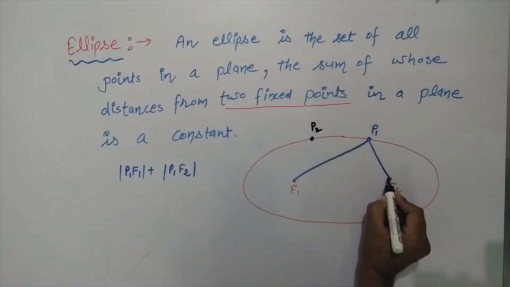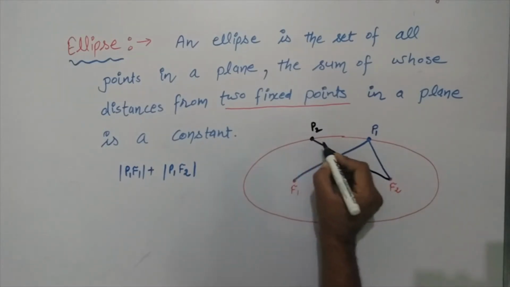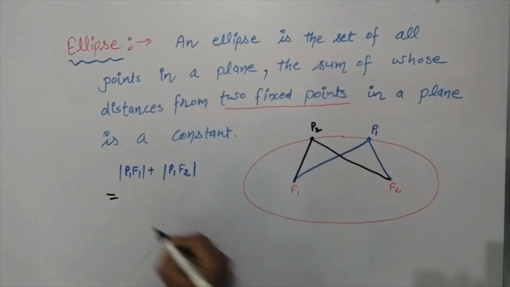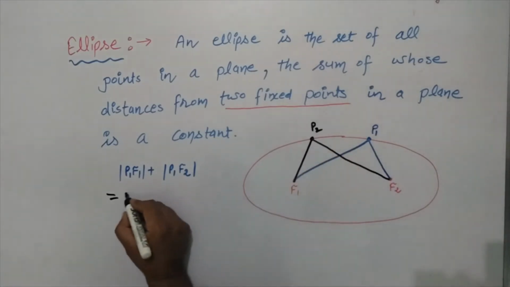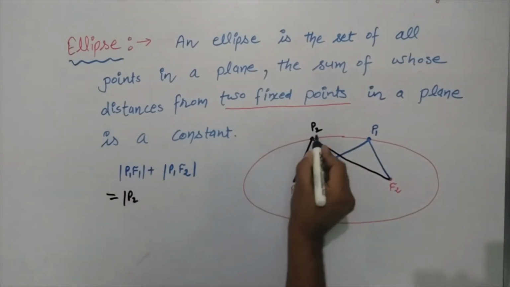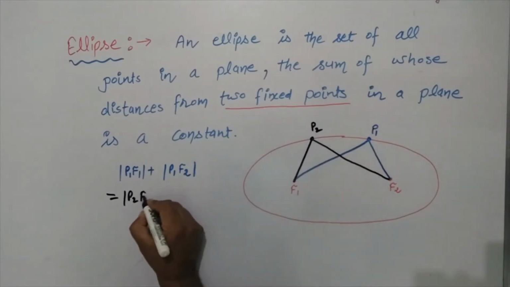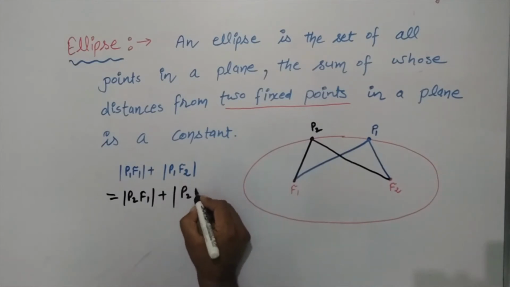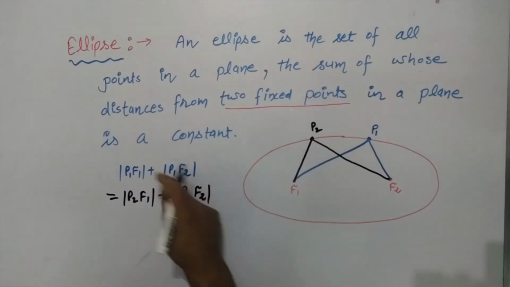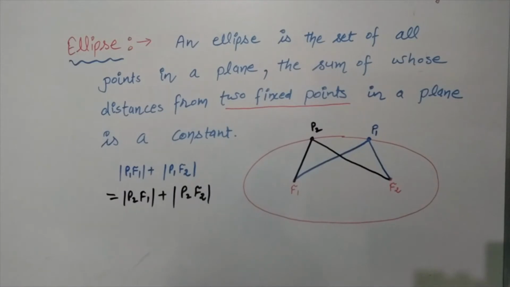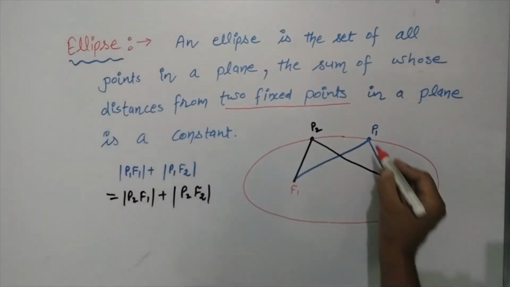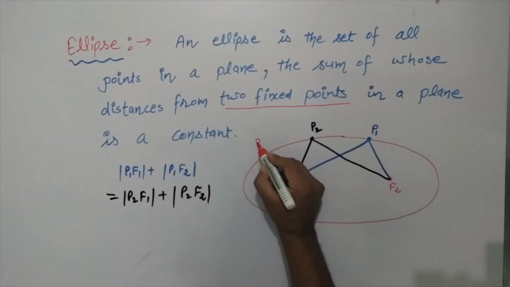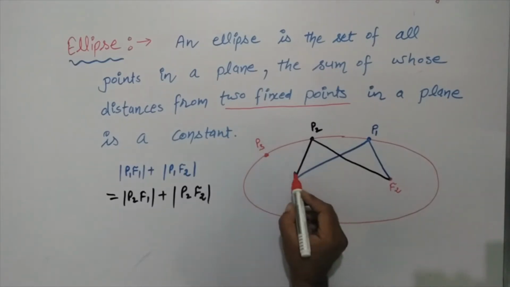Second time the moving point reaches here, so this becomes P2. Now what we say, P2 to F1 distance plus P2 to F2 distance. So these two distances are same. Third time, if this moving point reaches here, suppose the position is P3.